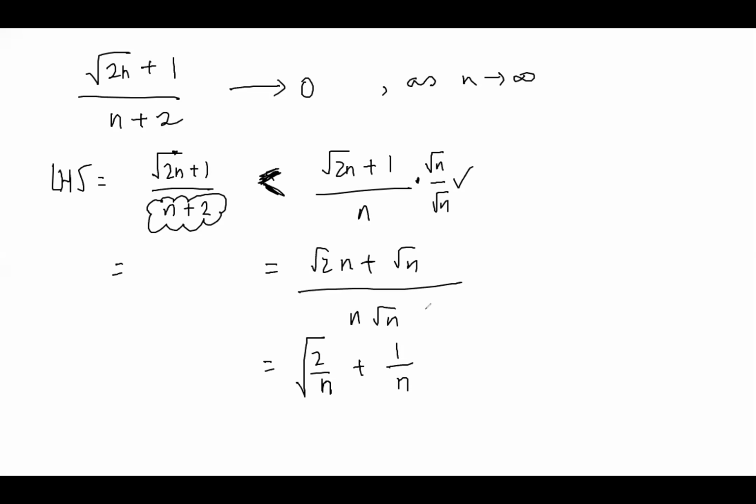Then I say this is actually less than the square root of 2 over the square root of n, because this thing is less. So you're saying this is bounded by the square root of 2n over n. I just eliminate the 1 over n because I know that 1 over n is strictly larger than 0.